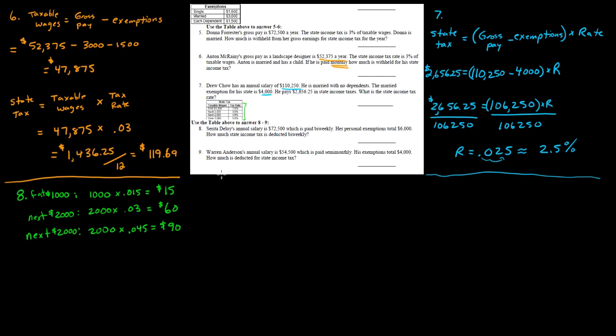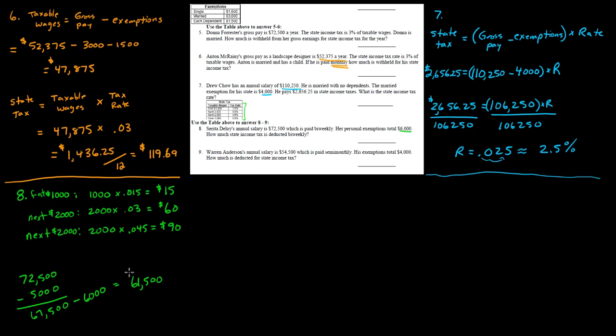Then I'm going to find the final amount, which is over that 5,000. So it was a total of 72,500 minus the 5,000, which gave me 67,500. Then I subtract on top of that the $6,000 in exemptions that I'm not paying taxes on.